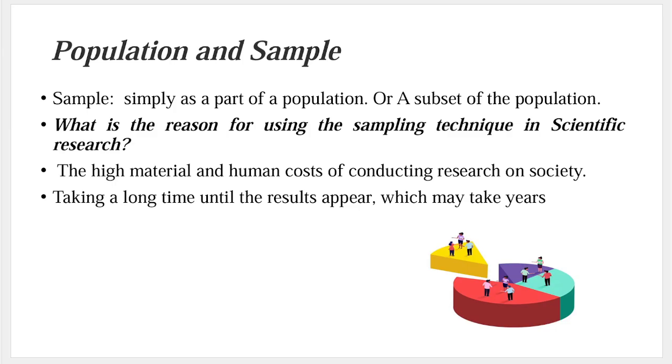The first one, it is very expensive to study the whole population. And the second one, it requires a lot of time and effort. Sometimes results may take years if we study everyone. So sampling helps us save time and cost, and still make reliable conclusions.